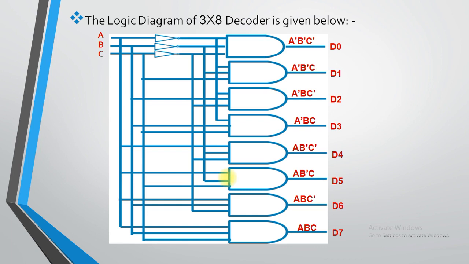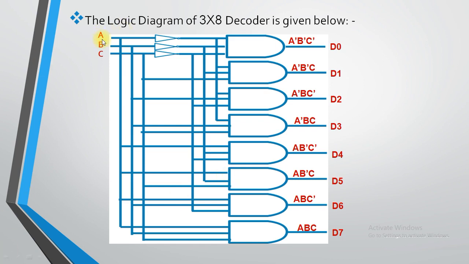So a decoder is a combinational circuit. Using that you have an N into M decoder. For that you have more output lines compared with the input.